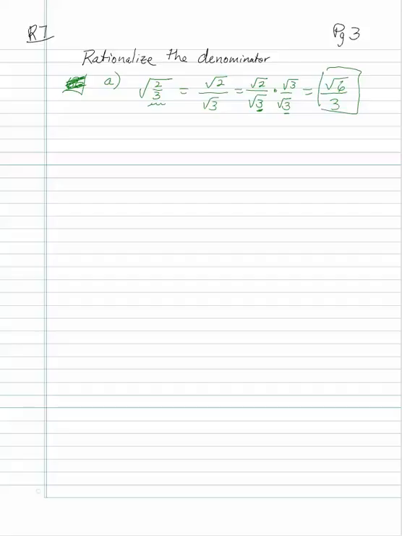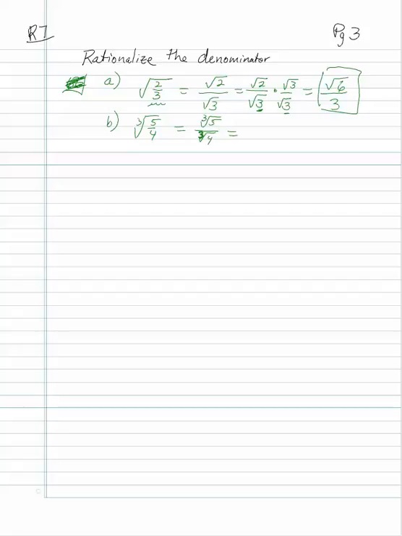Now we use that same technique for cube roots. So if I did cube root of, say, 5/4, cube root of 5, cube root of 4. Now, I'm not going to multiply by 4 times 4 because the idea is I need 3 of a kind to make it perfect.